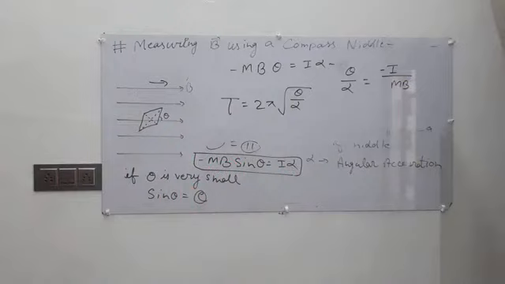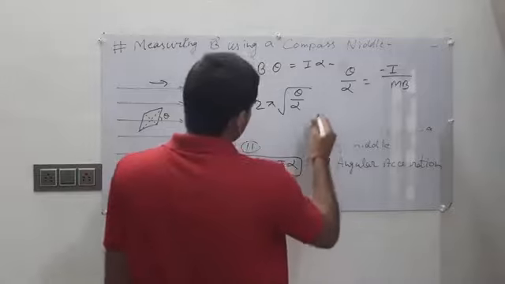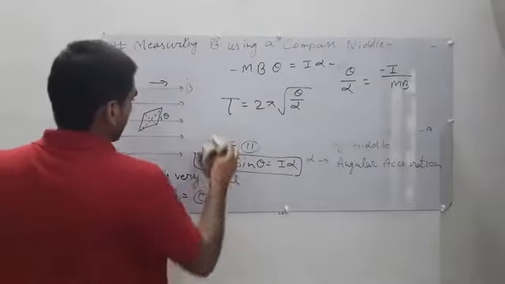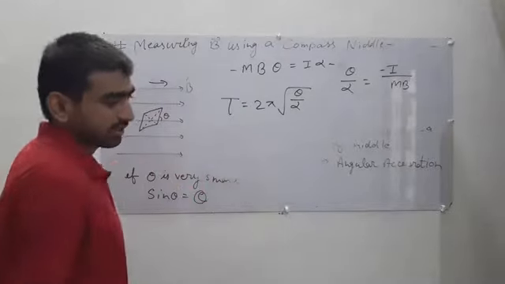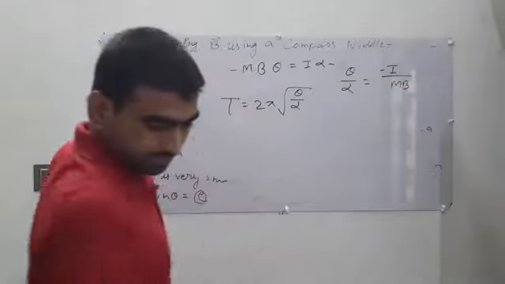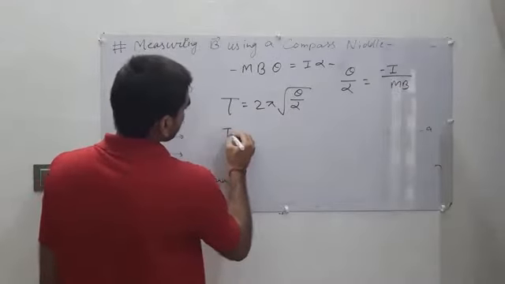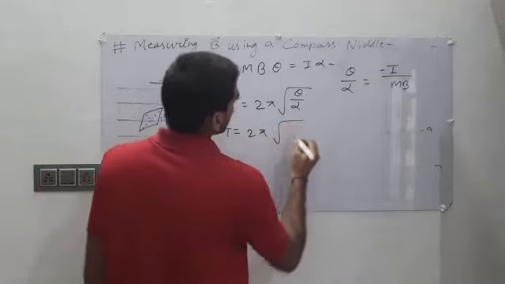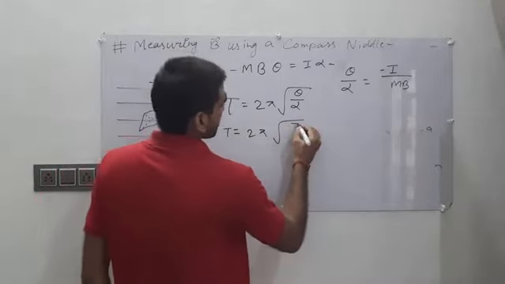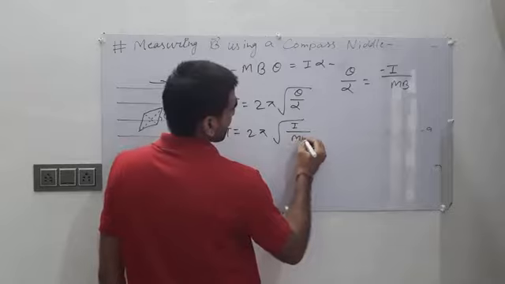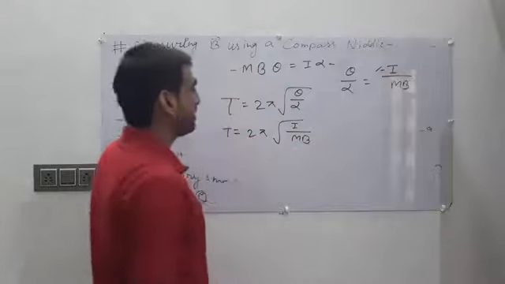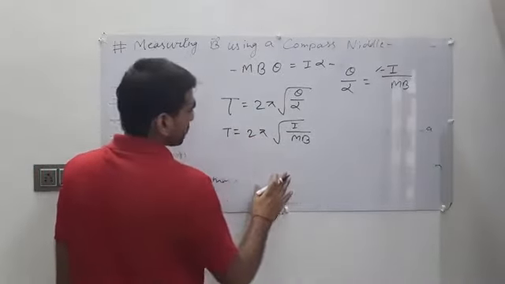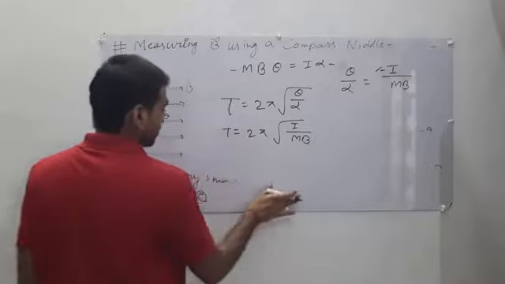Now put this value in this equation of capital T. Then you get capital T equals 2 pi under root I upon mb. We can ignore this minus sign, because in numericals we can ignore the minus sign.